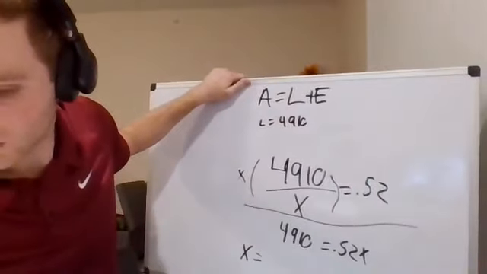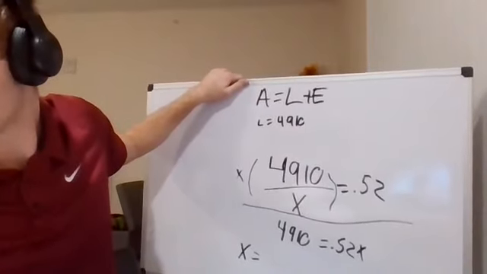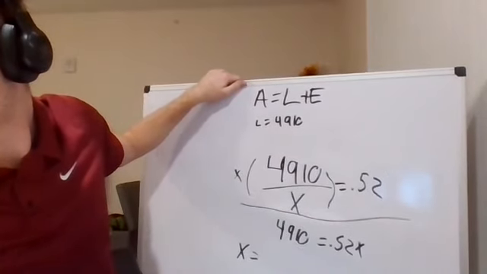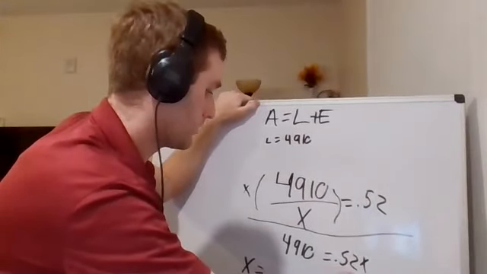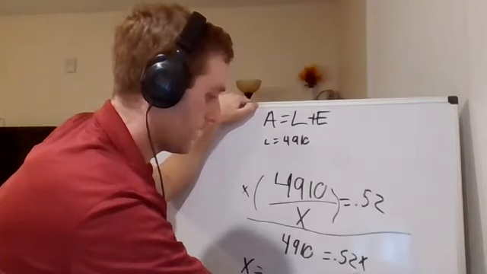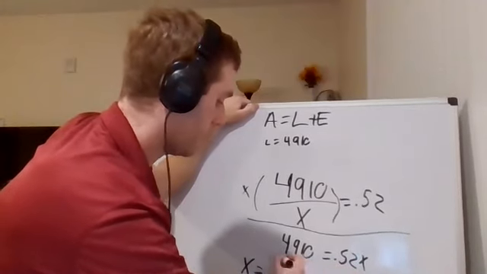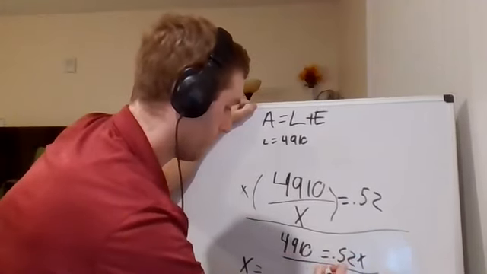That doesn't look right. Oh, sorry, I did it wrong. I can't multiply because X is being multiplied. So I have to divide all of this by 0.52.